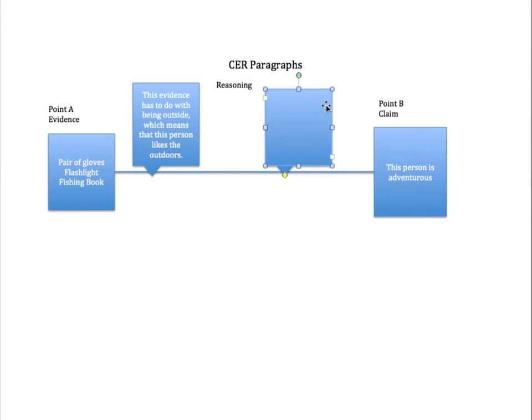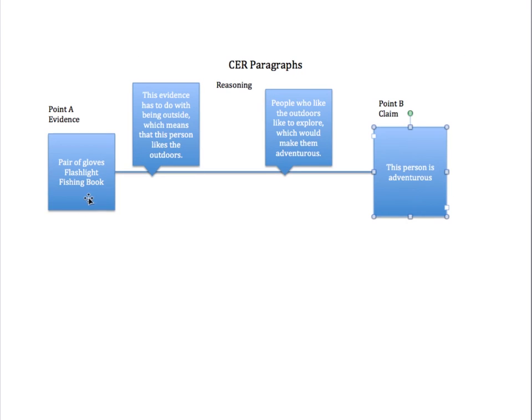So I might say, people who like the outdoors like to explore, which would make them adventurous. Okay? So now these two boxes here in the middle on my trail make up my reasoning. They explain how I got from point A to point B.